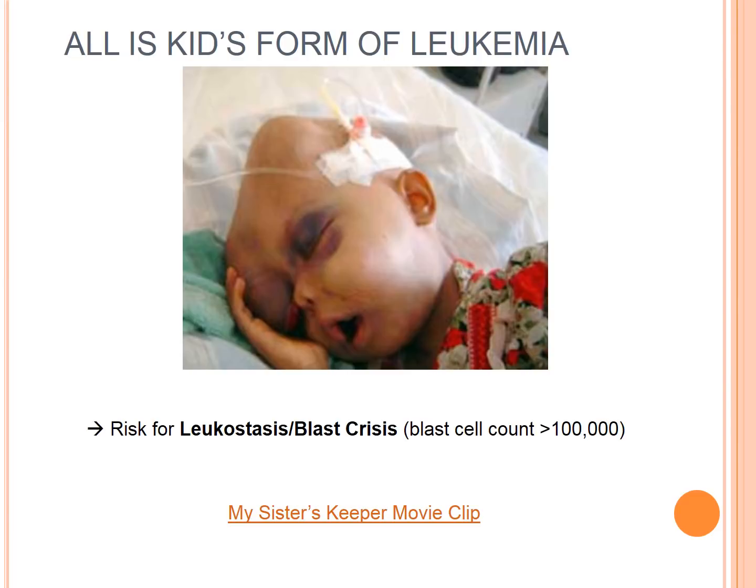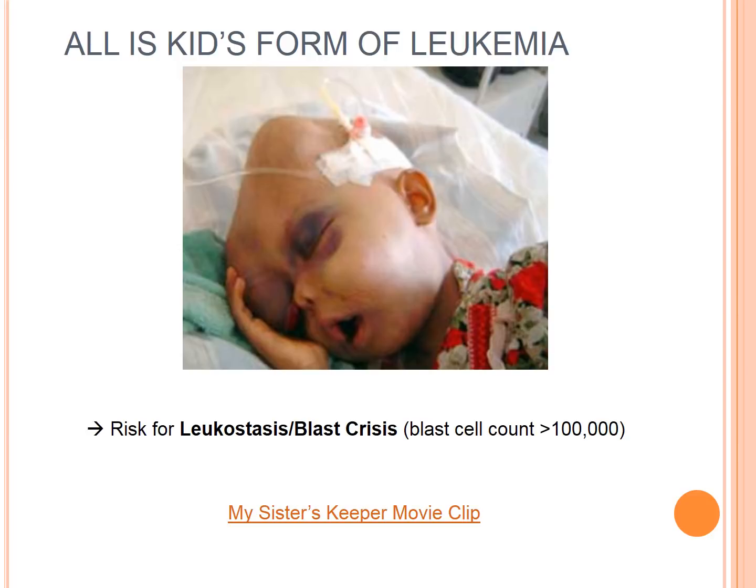So it has a rapid onset and a rapid progression of the disease. So your signs and symptoms are everything we went over a few slides back. So weakness, decreased energy, recurrent infections, unexplained bleeding, pallor, weight loss, bone pain. They may have night sweats, a sore throat.